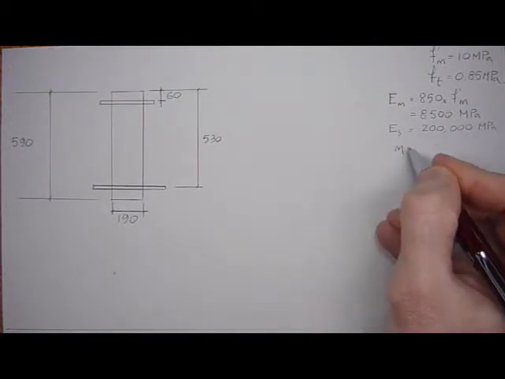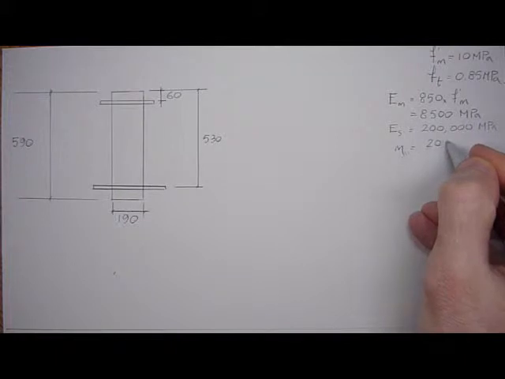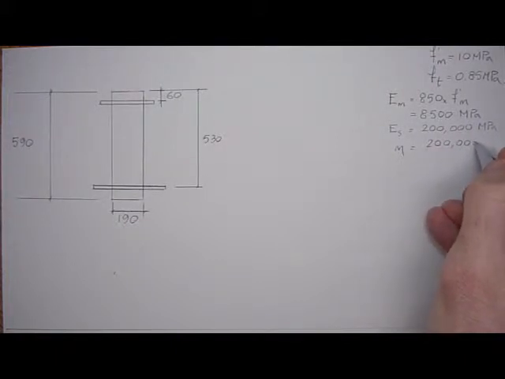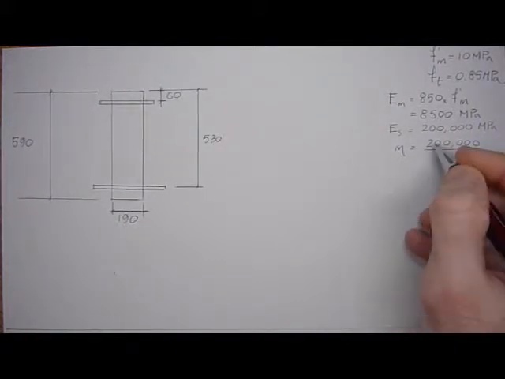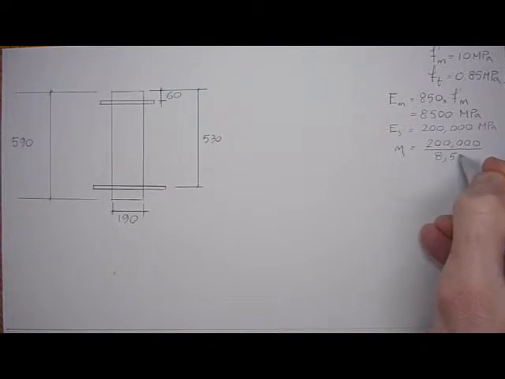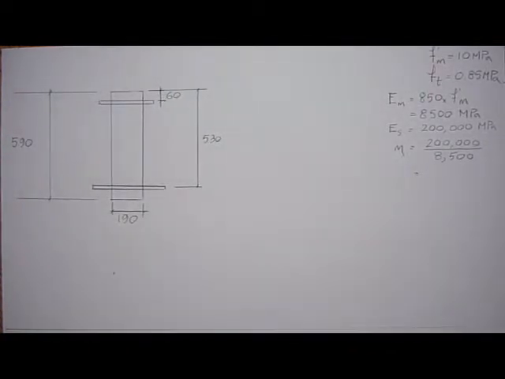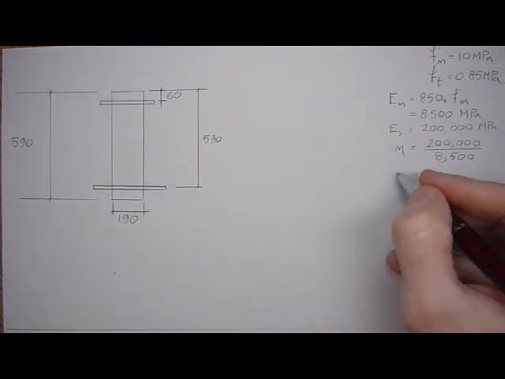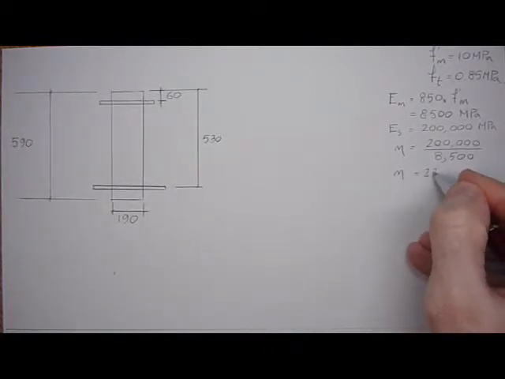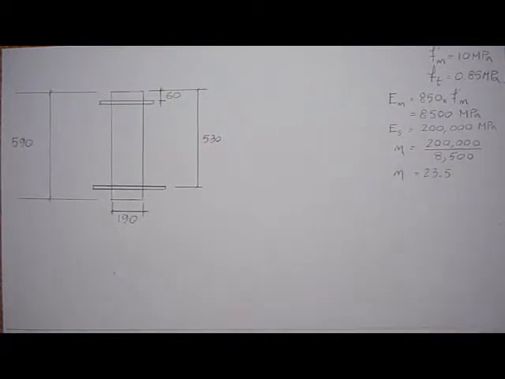So the n value would be 200,000 over 8,500, and that would give 23.5. So n equals 23.5. So now we can find out where the neutral axis location is.